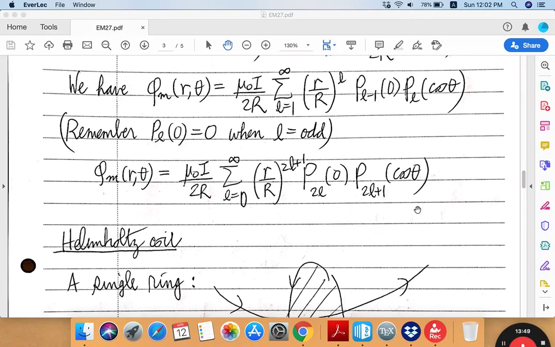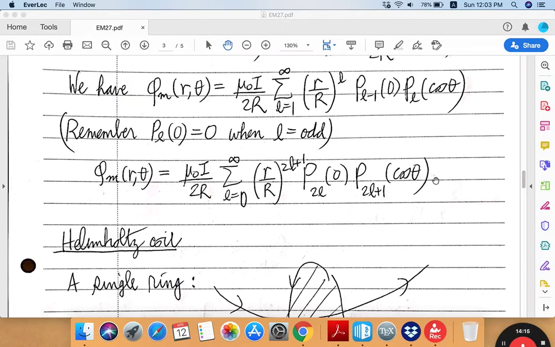Okay, so finally we are able to extend the previous expression for the magnetic field, which was confined to the z-axis, to an arbitrary point in space.